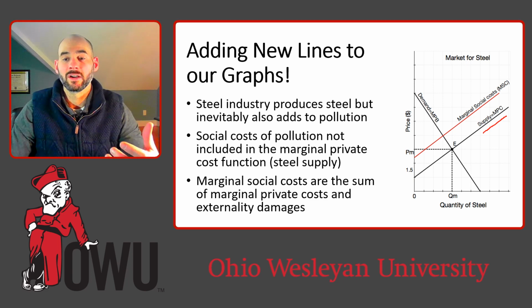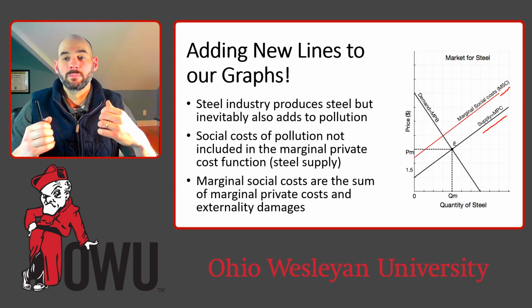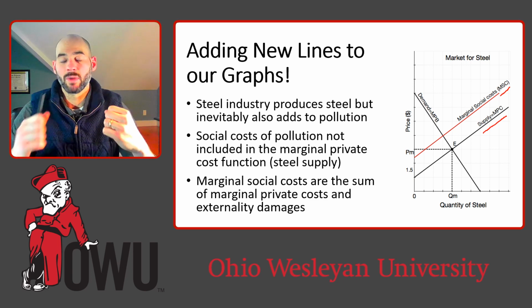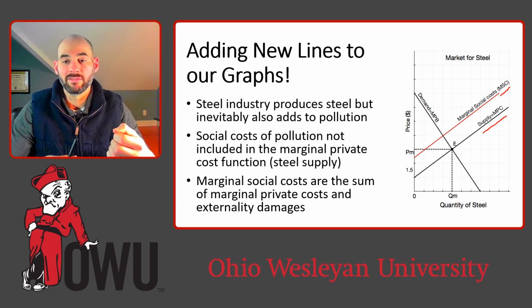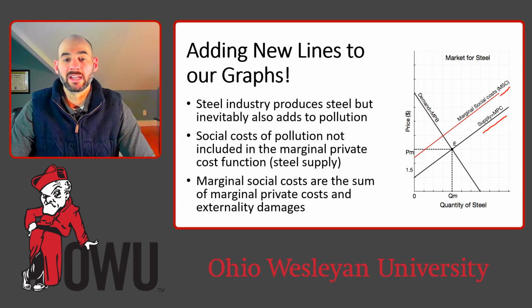They're not impacting their marginal private costs, but they do impact the rest of society by impacting the marginal social costs. And so when we have that divergence between marginal private cost and marginal social cost, or marginal private benefit and marginal social benefit, then we're going to have a missing market and an externality which is going to be imposed on the rest of society due to no role of their own, no decision-making authority of their own.